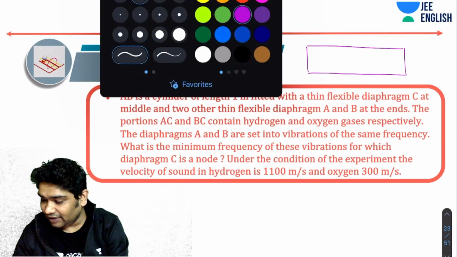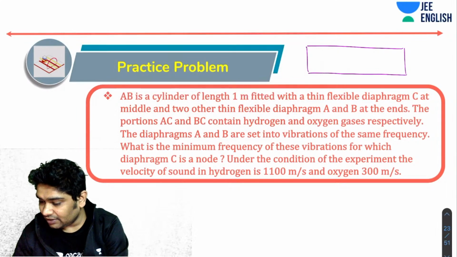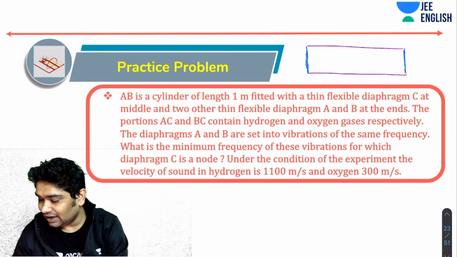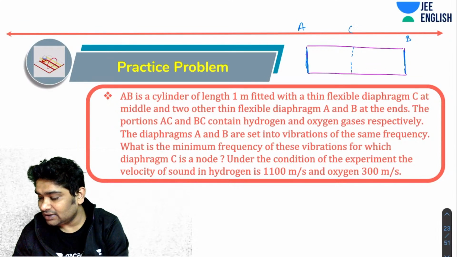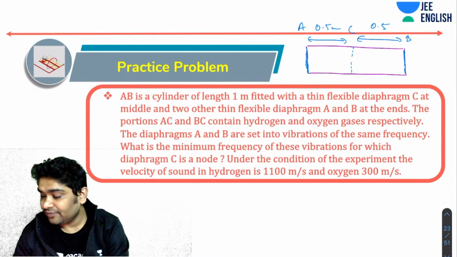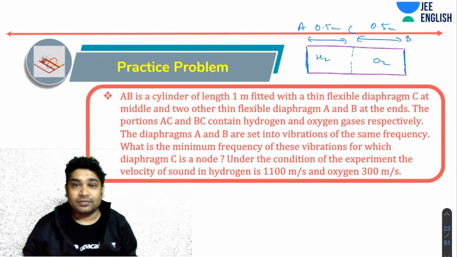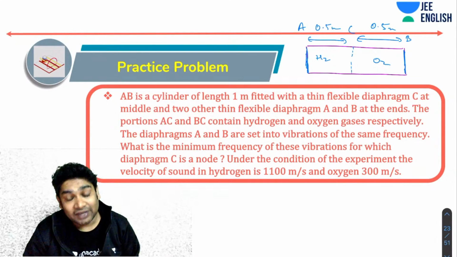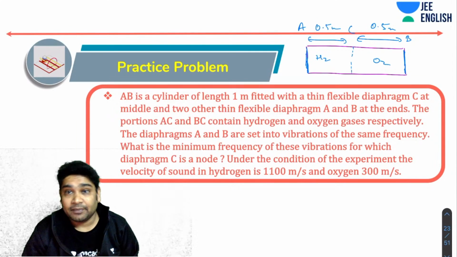You have a diaphragm free to vibrate at end A and a diaphragm free to vibrate at B, and then you have another diaphragm at C. So A, B, and C, and this is 0.5 meter, this is also 0.5 meter. Here you have hydrogen, here you have oxygen. The speeds of sound are also known: 1100 meter per second and 300 meter per second.